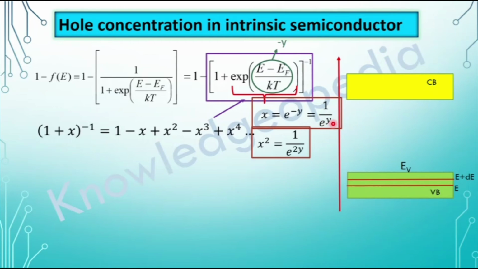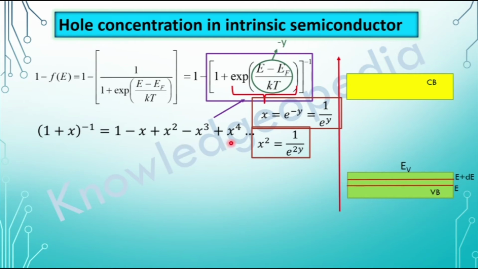Then it is obvious that 1 by e to the power y is very small, and 1 by e to the power 2y is further smaller. If I increase this power, I get smaller and smaller values, and this shows that these higher order terms have very small values.